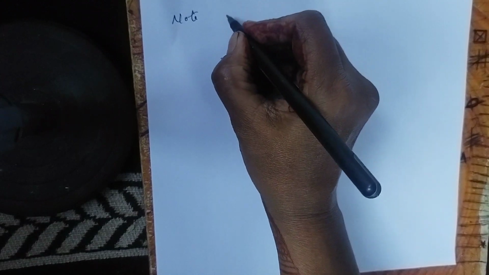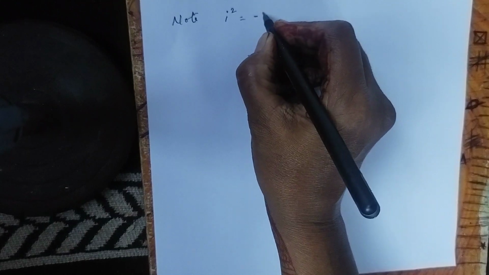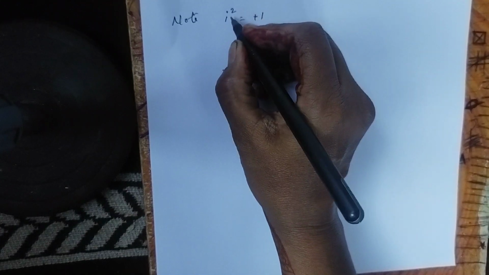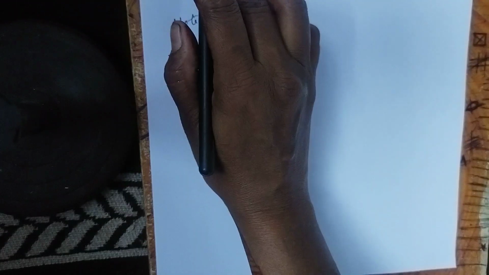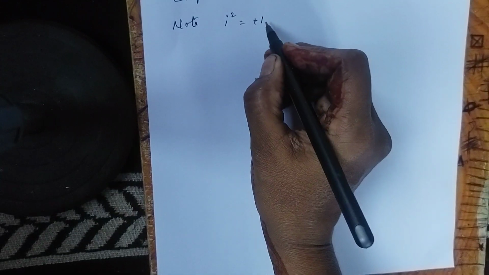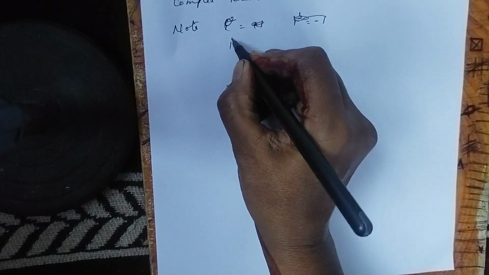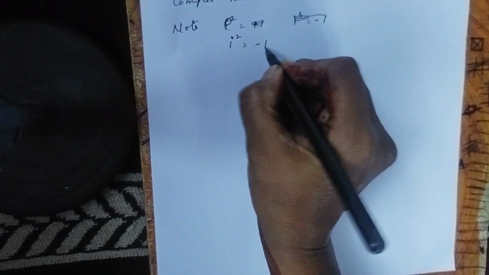Okay, one more thing to note: this i, i² is minus 1. See, i = √-1. So if we square i, the root goes, and i² = -1, and i³ = -i.